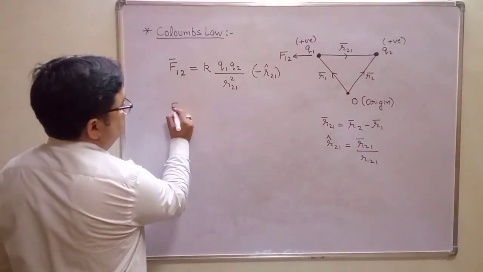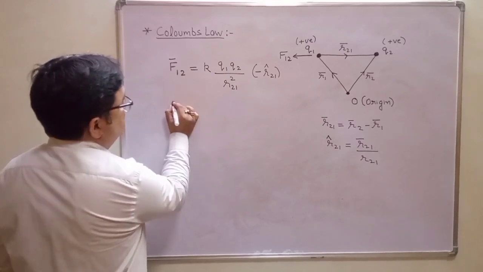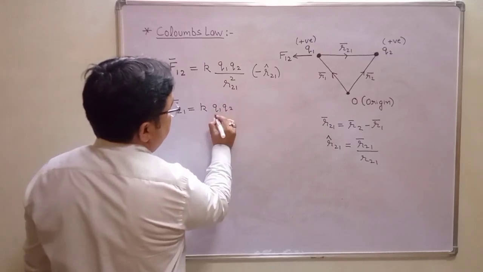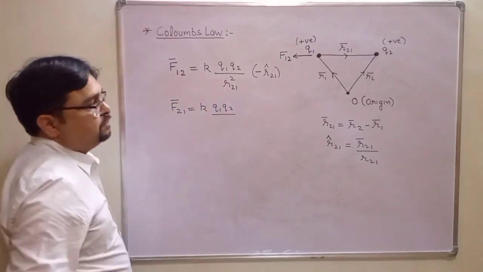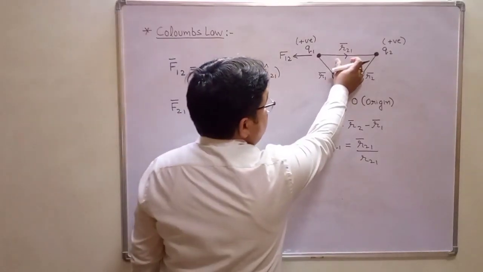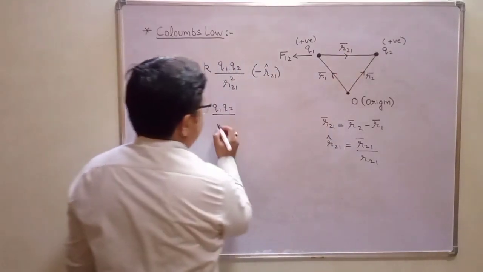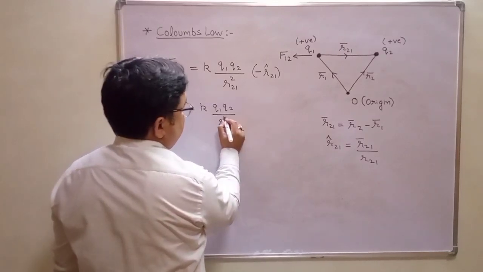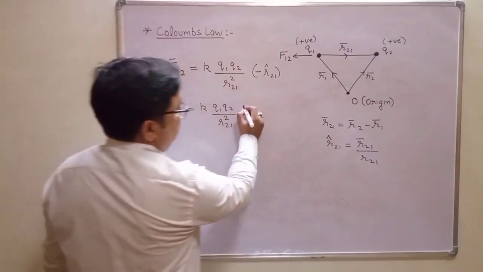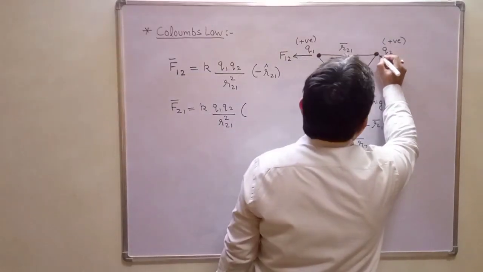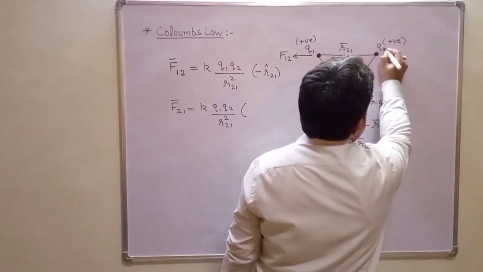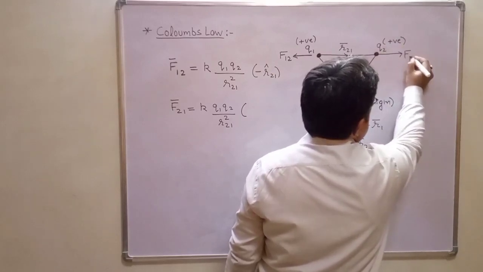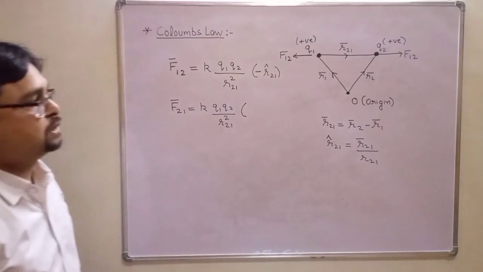Similarly, the force on charge 2 due to 1 will be given by k times q1 q2 divided by the square of the distance between two charges. The distance between two charges is r21. Square of r21, and the direction is towards right.